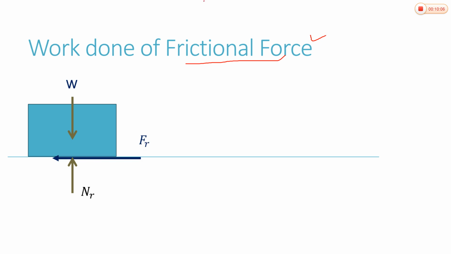Here I have shown the friction force opposite. Suppose I apply an external force in this direction, so this is the direction of motion of the object. If the object is going to displace towards the positive x-axis, the friction force acts opposite to that to stop that motion, and this is the frictional force we have here.